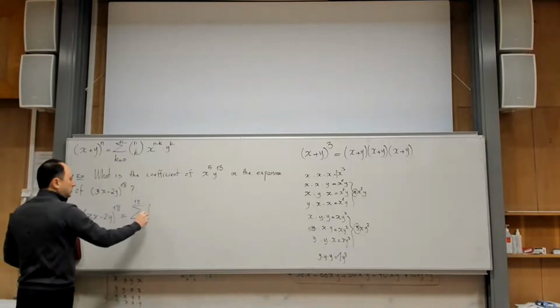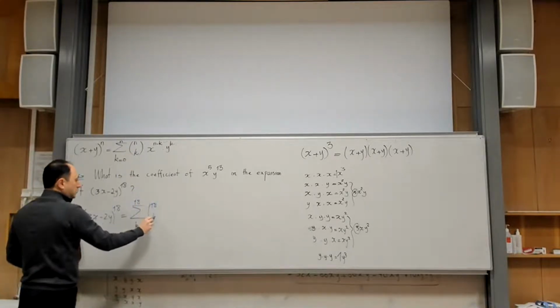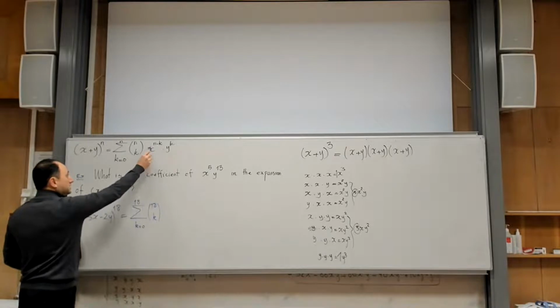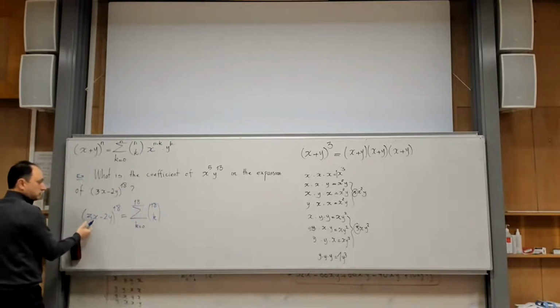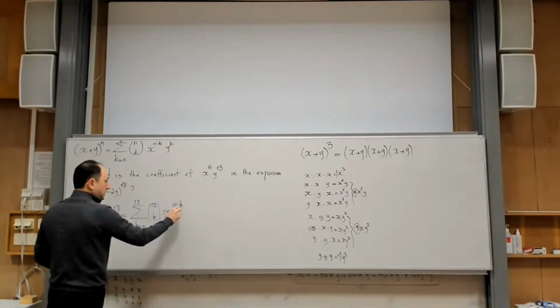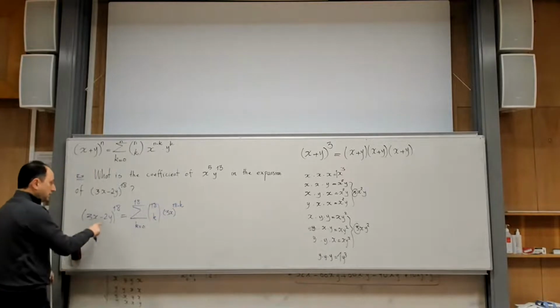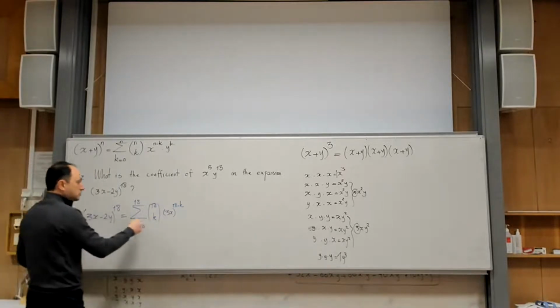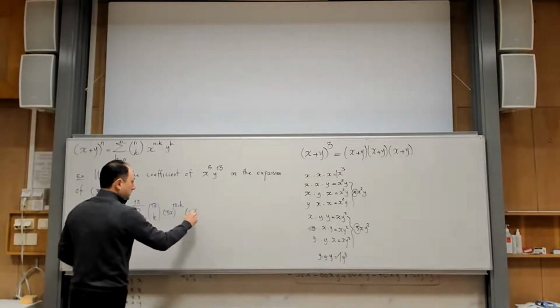Then here I write 18 choose k. The x here is 3x, so this becomes (3x)^(18−k), and then the second term, (−2y)^k.